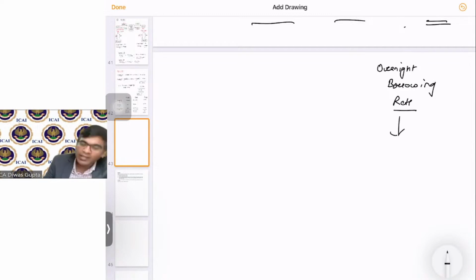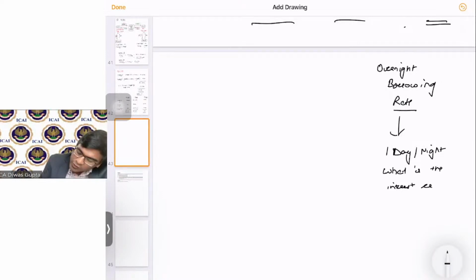So this is actually if you borrow for one night, then what is the interest rate? One day or night, whatever it is, what is the interest rate? Generally, this can also be expressed in percentage per annum. Okay. Generally, the interests for all the maturities are expressed in percentage per annum.